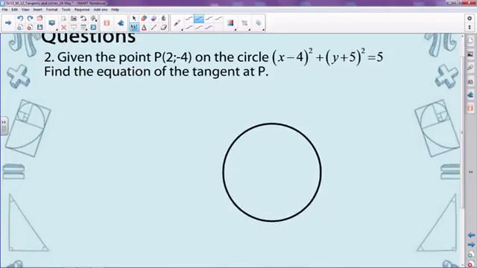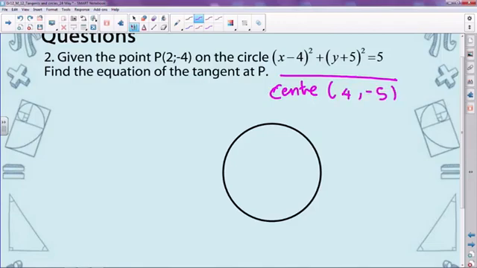Now that they've given me the equation in standard form, (x - 4)² + (y + 5)² = 5, I can identify a few things. The center of the circle is going to be the point (4, -5).